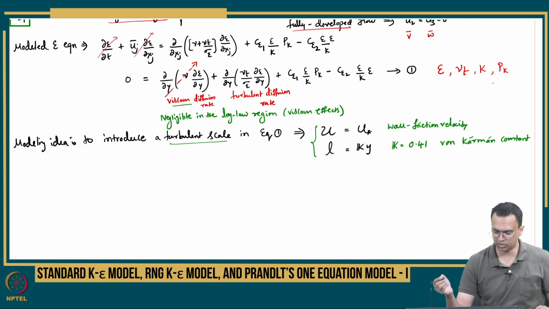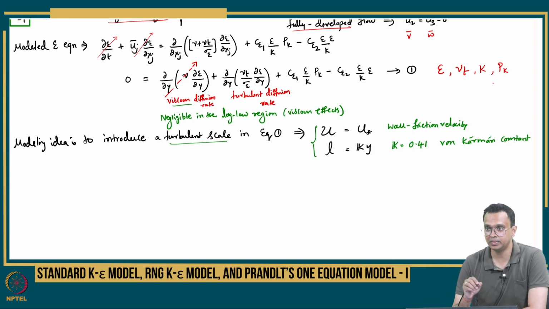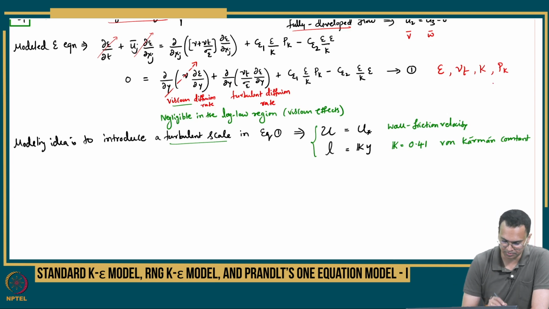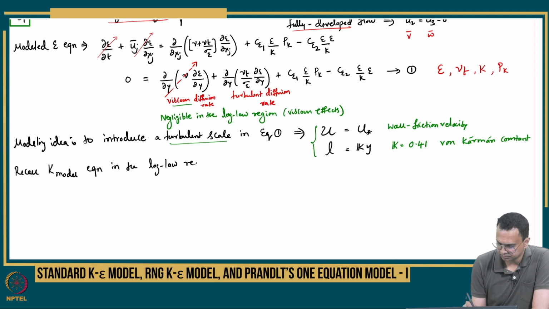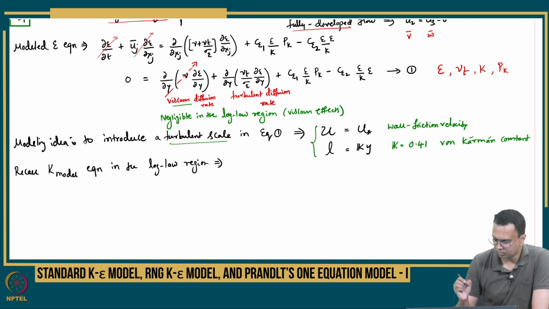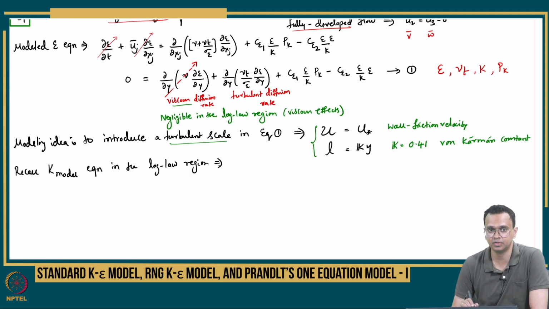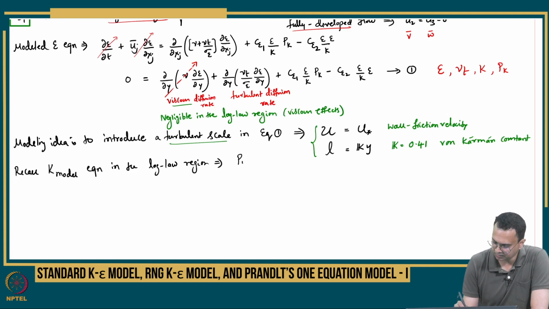So first thing I will do is use the logarithmic region for the k model equation. So recall the k model equation in the log law region. What do you get in the log law region? To first order, we saw that pk is balancing epsilon, all other terms are negligible. So pk equal to epsilon.